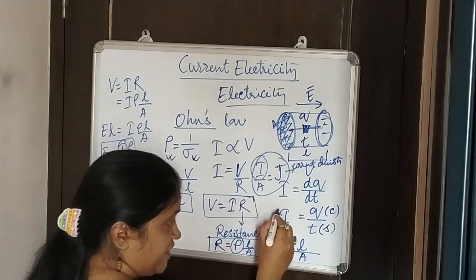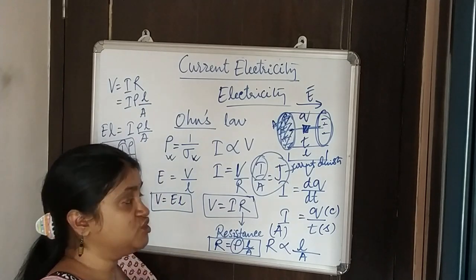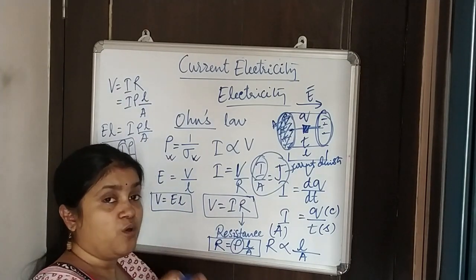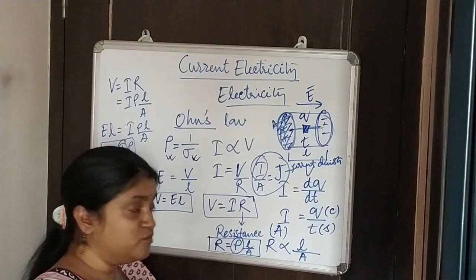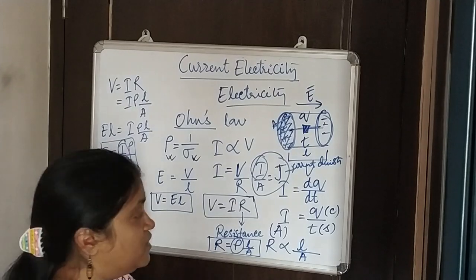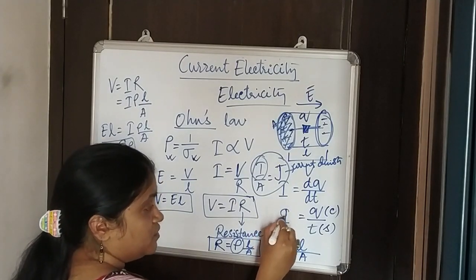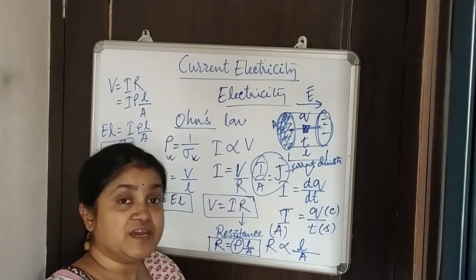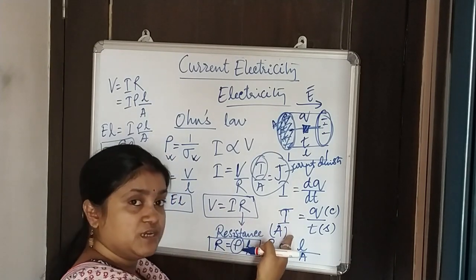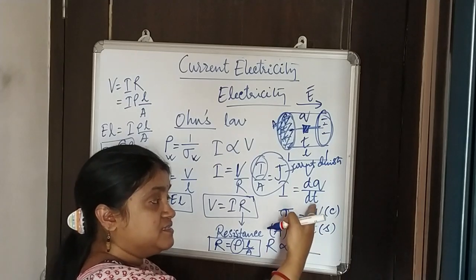So the conventional direction of current is the same as the direction of positive charge movement, or the opposite direction of electrons. Both can be understood. So I is a scalar quantity. It's not a vector quantity, though it has a particular direction.